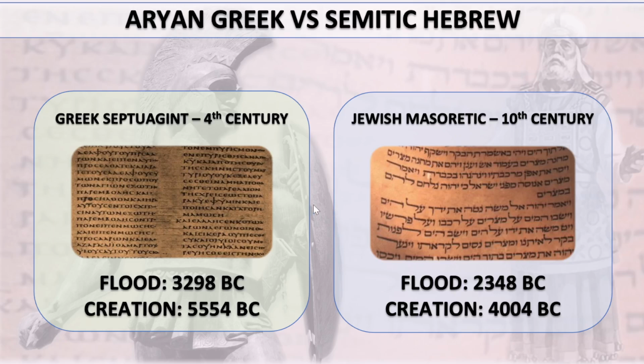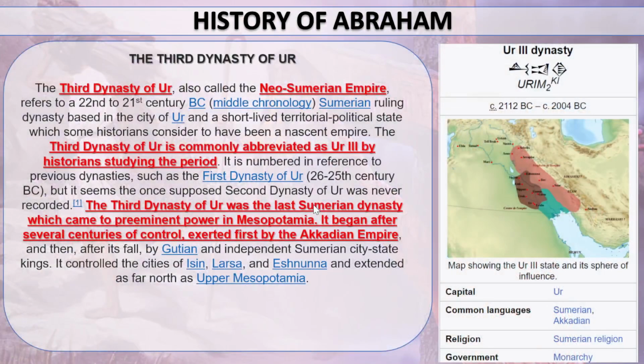All right. Let's look at the history of Abraham, and this is very fascinating. We're going to read secular sources first, and then we'll read the Bible after. Let's just look at what secular historians are saying about this time. So Abraham would have lived at about 2000 BC. And notice who's ruling the world at this period, according to secular historians?